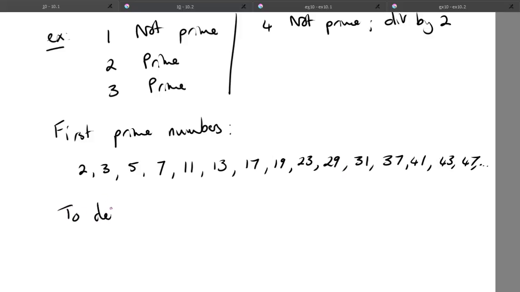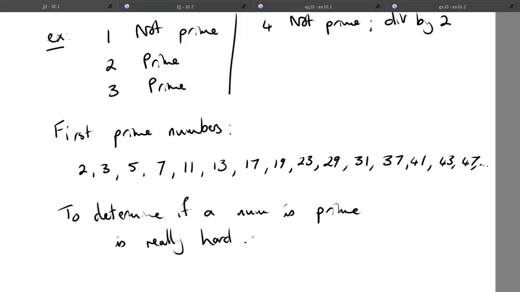And in fact, to determine if a number is a prime number or not is a really hard problem. Now, our numbers aren't that big, but we can keep going, bigger and bigger numbers, and it's really difficult to decide with 100% certainty whether or not that number is prime.